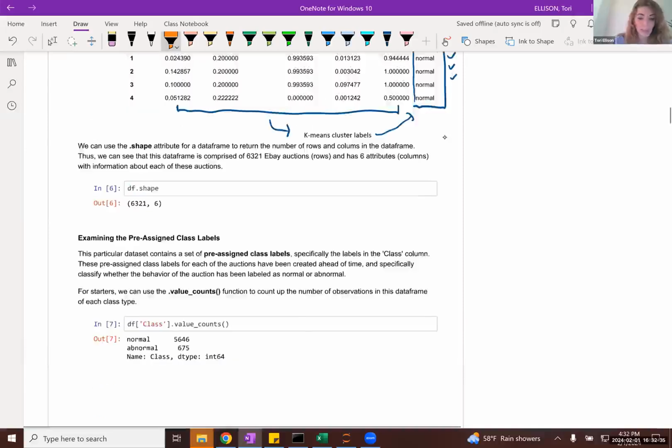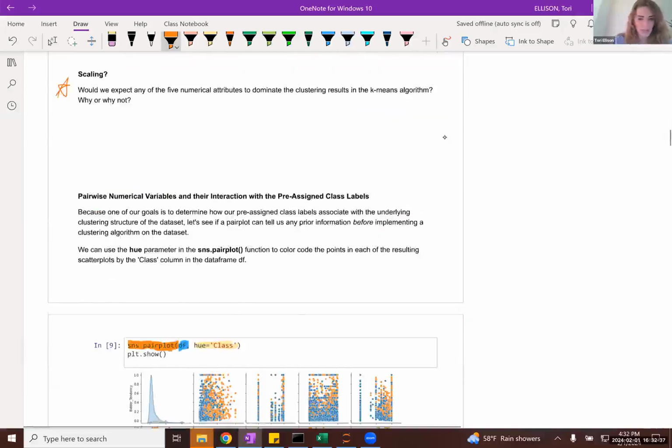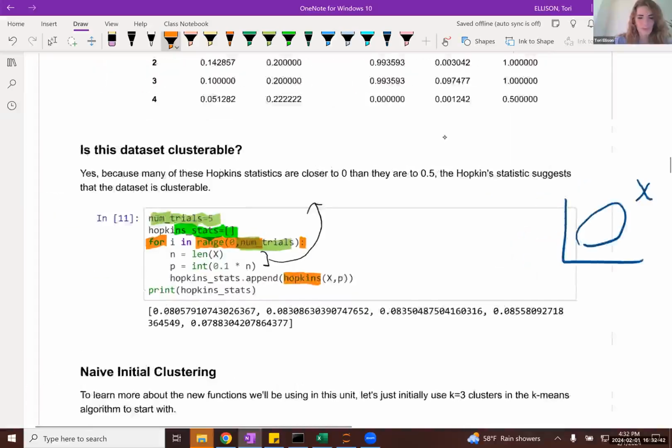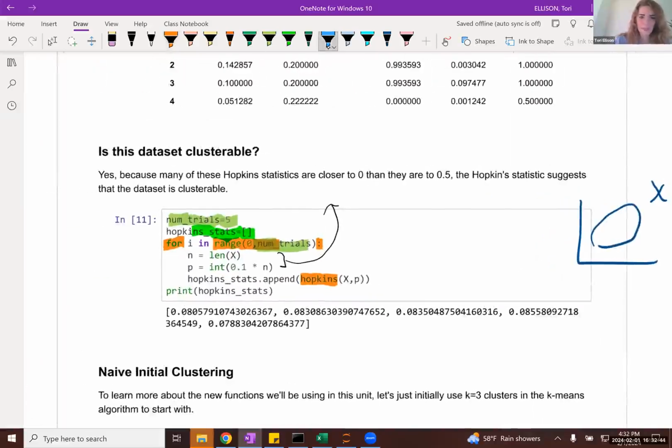Okay, so once you've done that, you can use that Hopkins function. Basically the two inputs are simply the data set that you'd like to evaluate whether or not it's clusterable, and P, the number of random points that you're selecting from the data set, and the number of random points that you're artificially generating within the range of values of the data set.